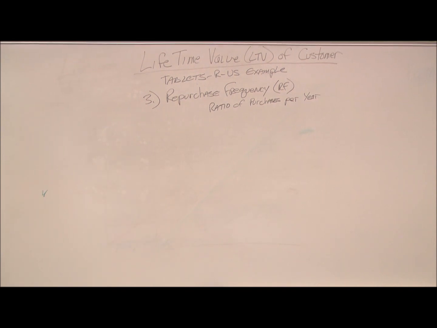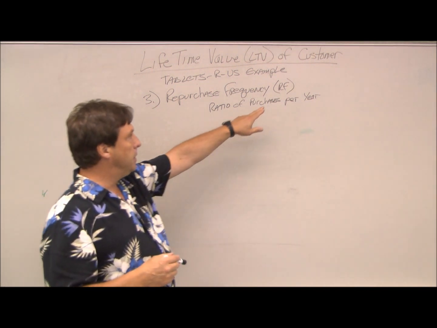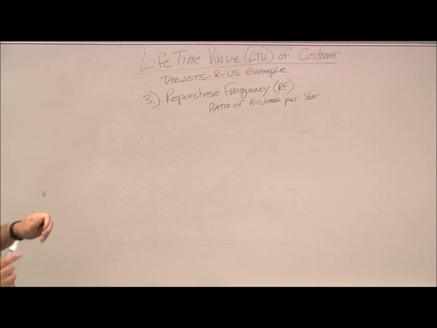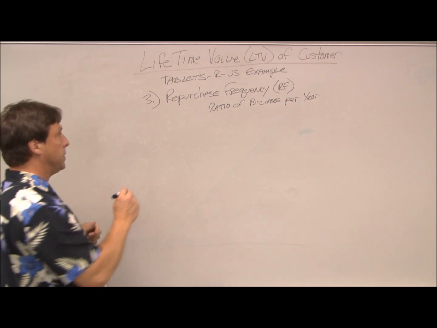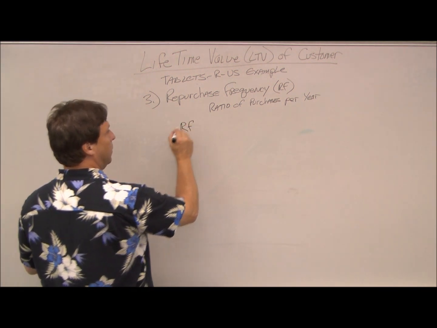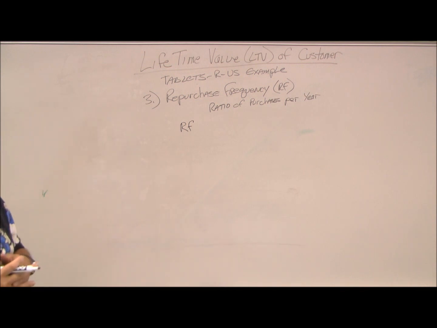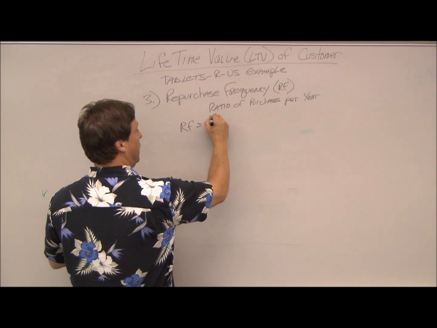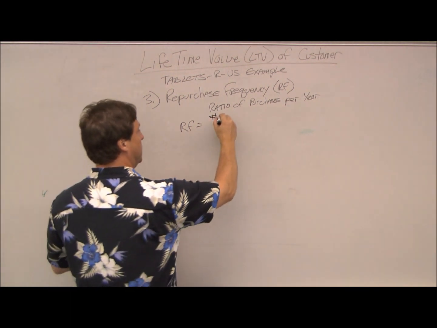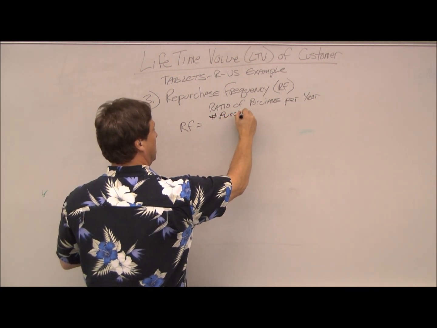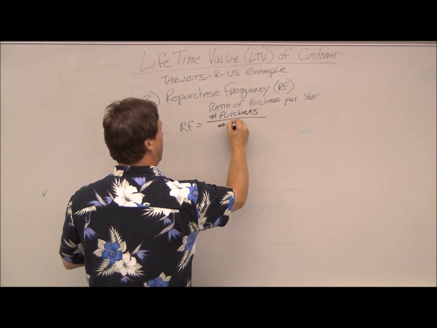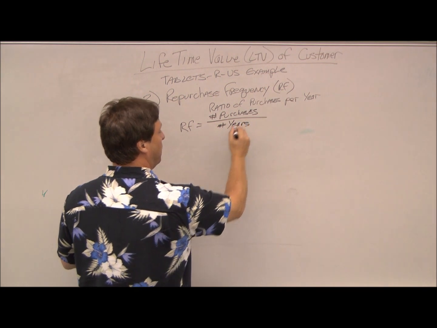Okay, so step 3 is calculating our repurchase frequency. Notice I just abbreviated RF because it's a lot easier to write out. Our repurchase frequency is just the ratio of our purchases to years. So we just have to know the number of times a customer purchases over how many years, or whatever period you're using.